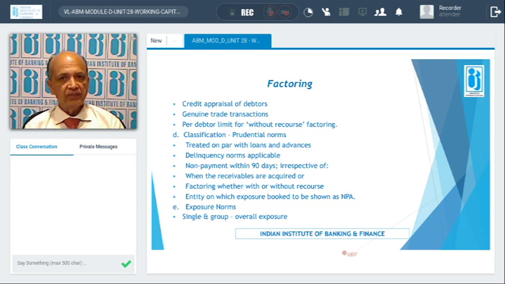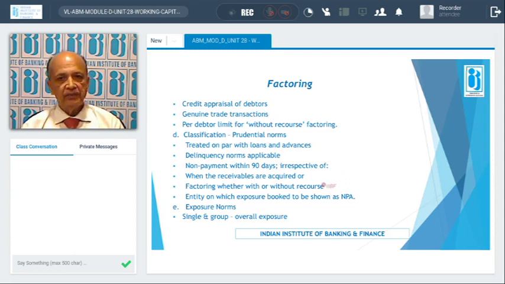Delinquency is treated at par with the delinquency norms applicable, that is the 90 days criterion. Non-payment within 90 days, irrespective of when the receivables were acquired, and whether with or without recourse, the 90 days delinquency norms are strictly to be followed in factoring also.